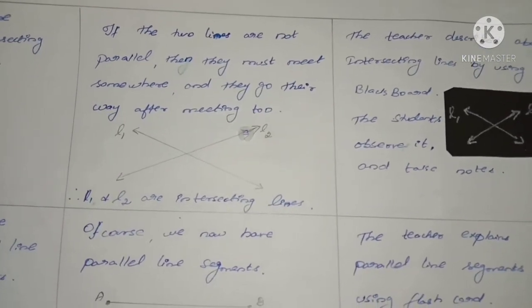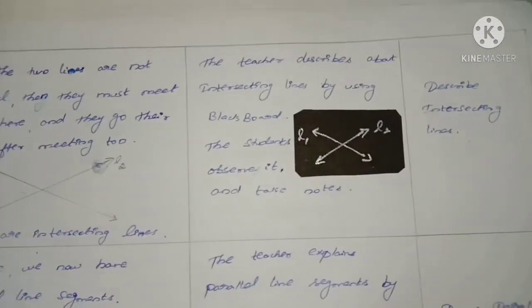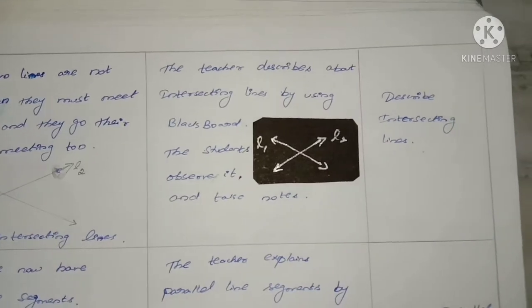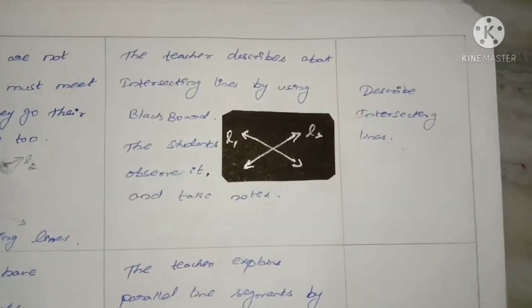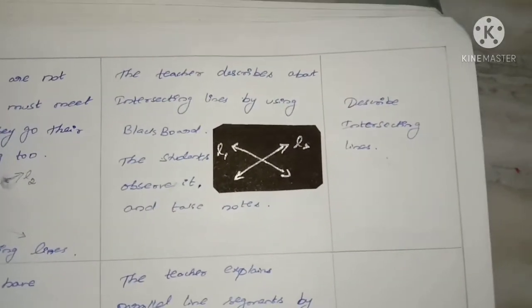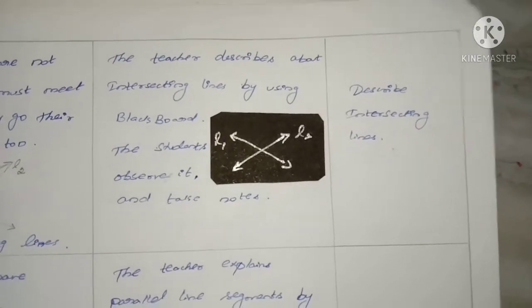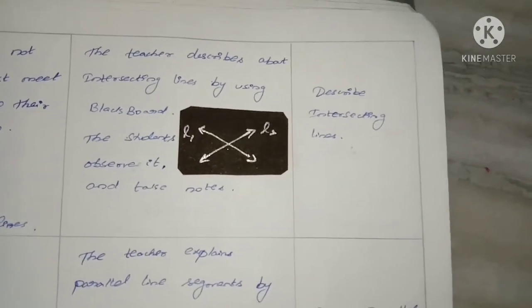Draw the diagram, and therefore line 1, line 2 are intersecting lines. In the next box, the teacher describes intersecting lines by using blackboard. The students observe it and take notes. Then after that we have to paste the black chart. The next box, describe intersecting lines.